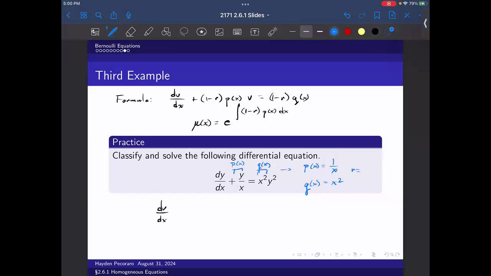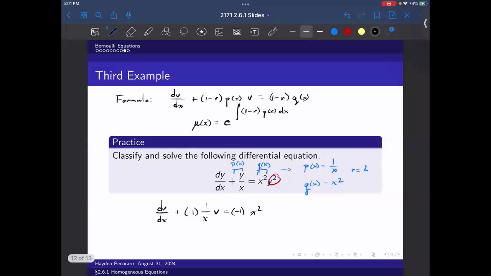R is 2 right there. So we get dv/dx plus 1 minus 2 is -1 times 1 over x times v equals -1 times x squared. So we didn't have to go through all that change of variable stuff. We just have the formula right there, and we get this differential equation immediately.